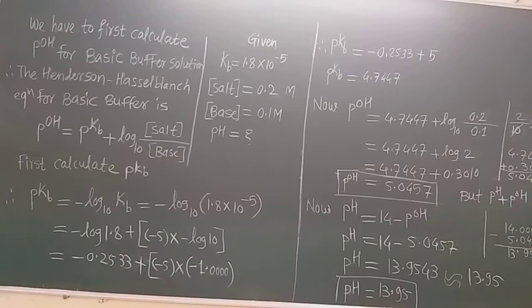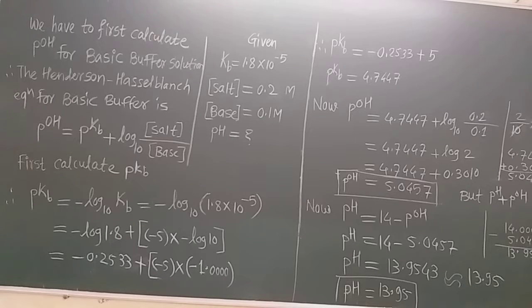The concentration of salt is given as 0.2 molar. The concentration of base, the weak base, is given as 0.1 molar, and they ask us to calculate the pH. Now we have to first calculate pOH, because it is a basic buffer solution.